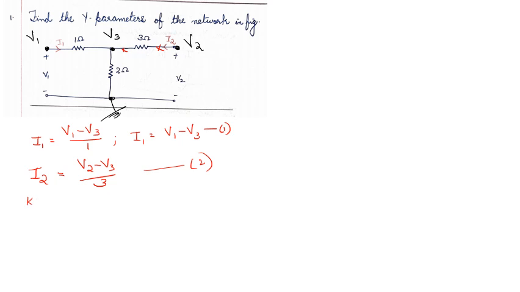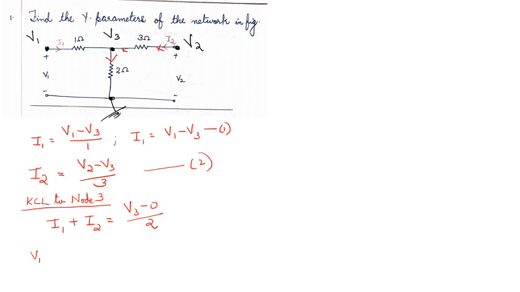Now let's apply KCL to node 3. Sum of incoming current is equal to sum of outgoing current. This will be V3 minus 0 by 2. Substitute the values for I1 and I2.